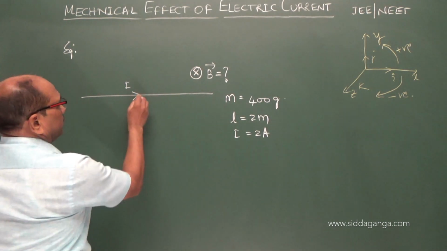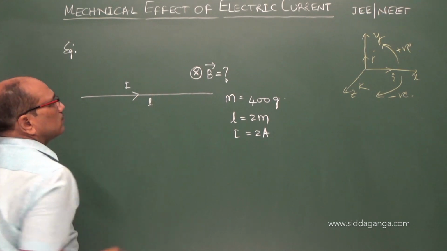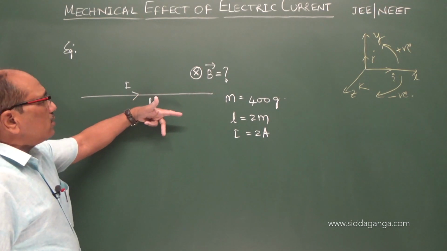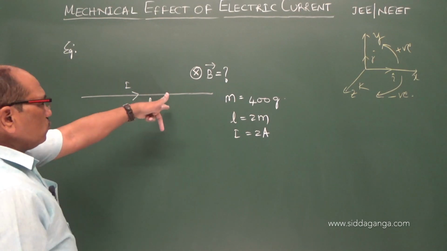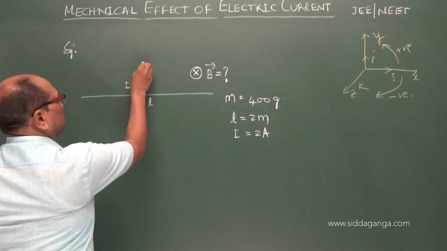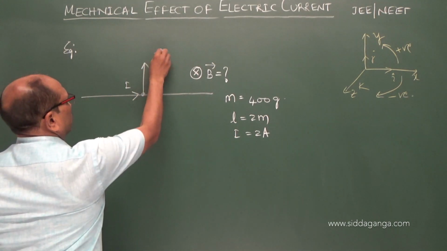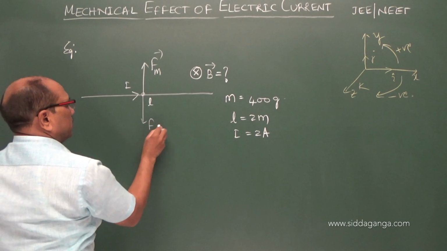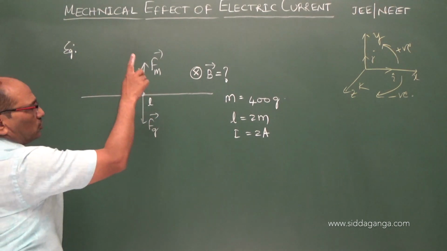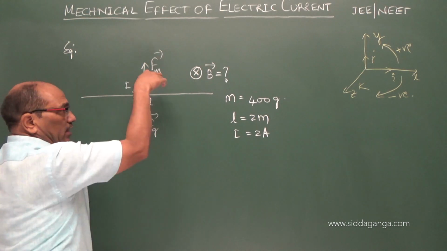So when you see this, if it is of length L, I go for it immediately because magnitude is important here. The magnetic field is into the board, the current is outward. The magnetic force acting on this is upward, whereas the weight of the wire is acting downward. There are two forces, the gravitational force by which it can fall.